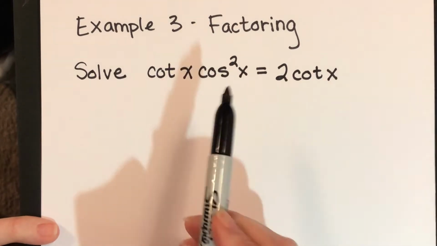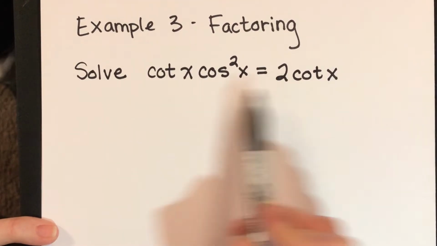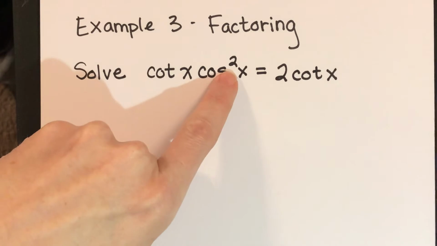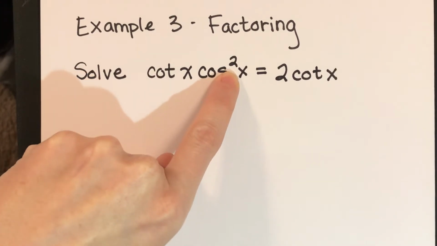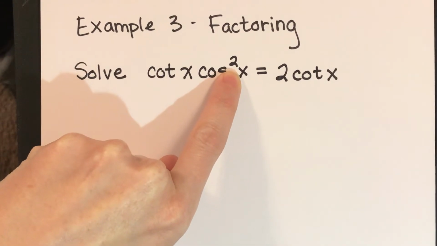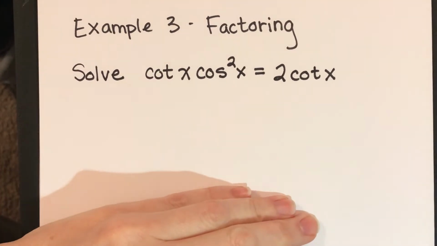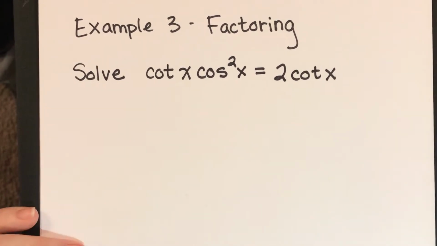All right, so don't start by dividing the cosines out. You won't get the correct answers. You'll lose a solution if you do that. So remember, anytime you see an x squared in an equation, that's a quadratic, and the way to solve that is to make the equation equal to 0 and start factoring.